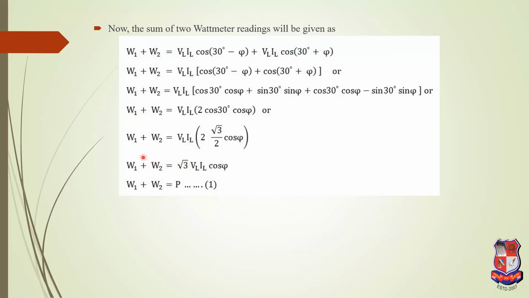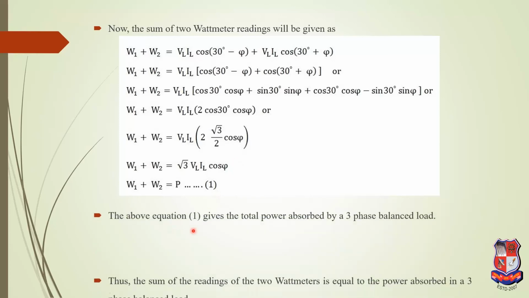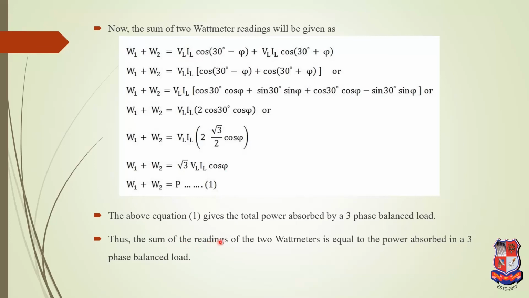And previously we saw that W1 plus W2 is equal to P. Therefore W1 plus W2 is equal to root 3 VL IL cos phi, which is equal to P, the total power measured. Thus, the sum of the readings of the two wattmeters is equal to the power absorbed in a three-phase balanced system. That means W1 plus W2 is equal to P, which is equal to root 3 VL IL cos phi, and this is the active power.